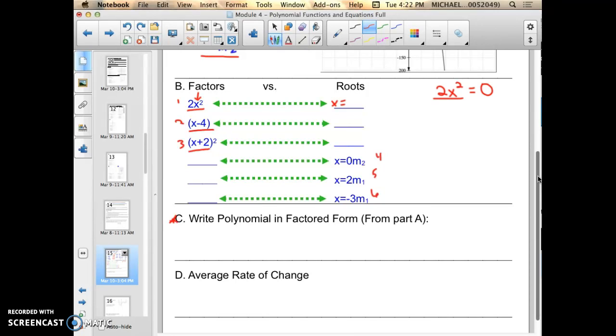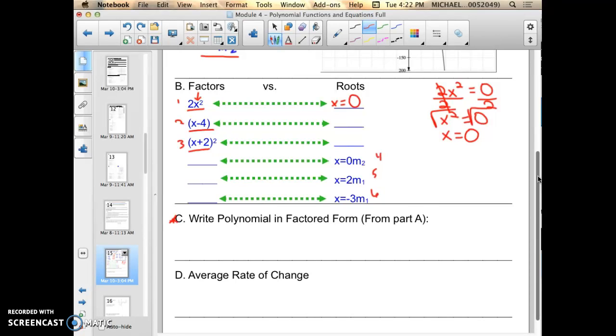So if I divide by 2 to get x by itself, that cancels out, divide by 2. So now I have x squared equals 0. 0 divided by 2 is 0. Then to get rid of the power, I take the square root, x equals plus or minus 0, or just 0. The square root of 0 is 0. So my root of this factor is 0.